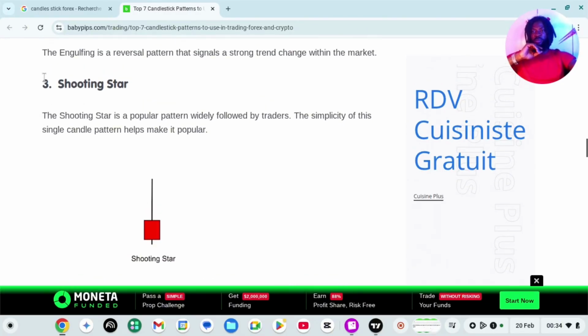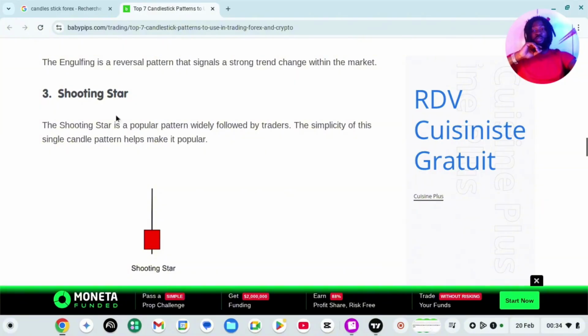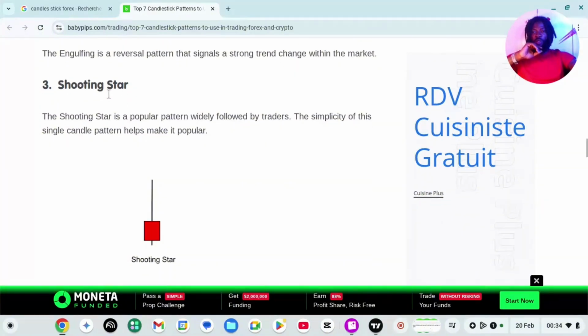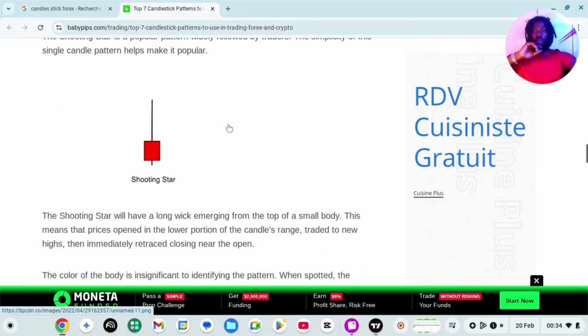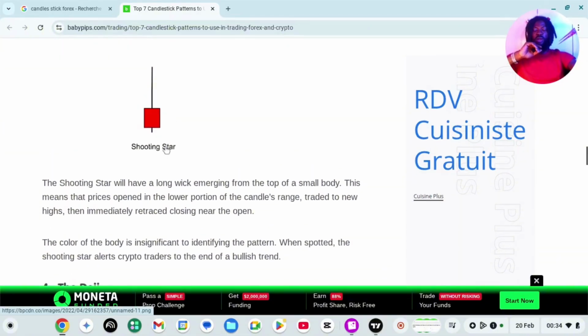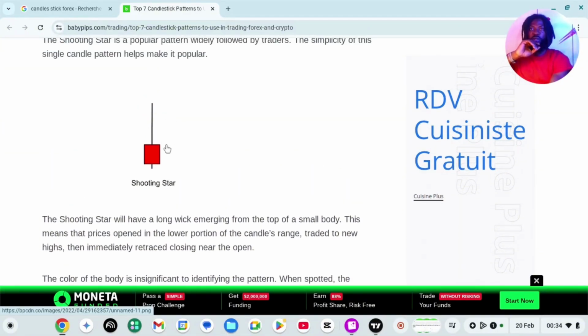All right, now three, shooting star. Okay, the shooting star is a popular pattern widely followed by traders. The simplicity of this single candle pattern helps make it popular. This is a photo of the shooting star. Okay, now a shooting star is also a reversal candlestick.